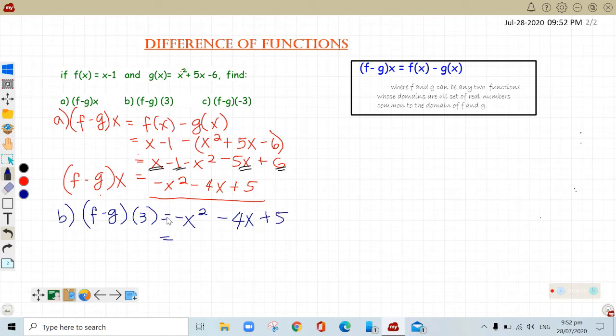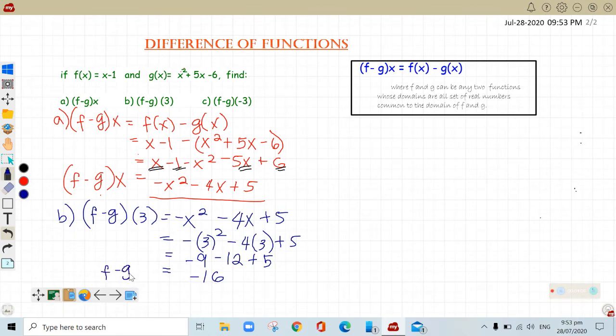Now let us substitute the value of x, and that is 3, so negative 3 squared minus 4 times 3 plus 5. 3 squared is 9, but since there's a negative sign here, let's write it there. So minus 4 times 3, that will be 12, plus 5. So simplifying this, negative 9, minus 12, plus 5, that will be negative 16. So the value of (f minus g)(x) when x is 3 is equal to negative 16.